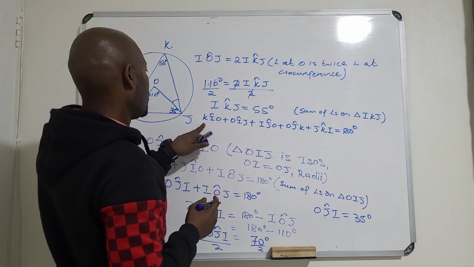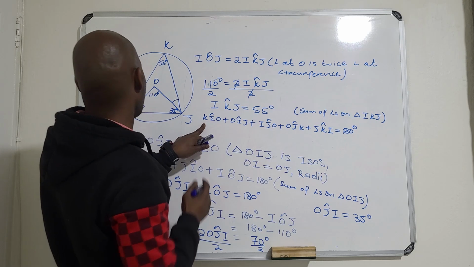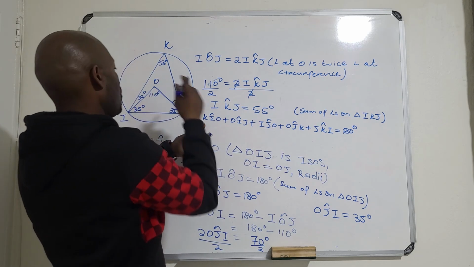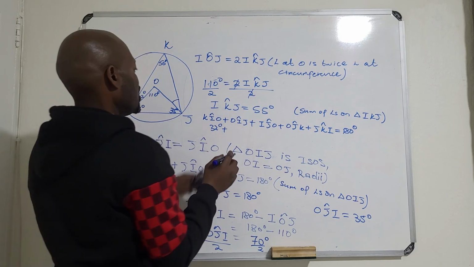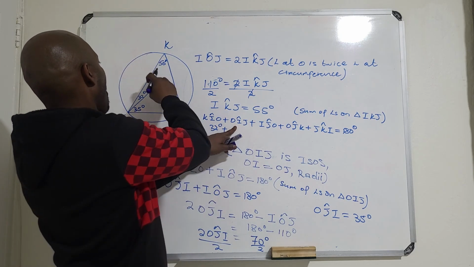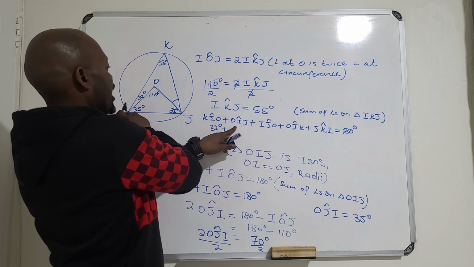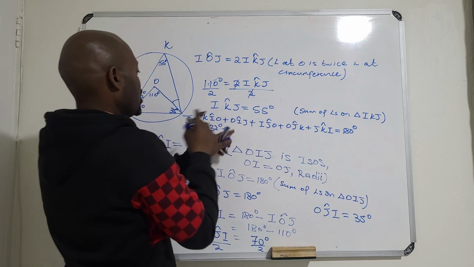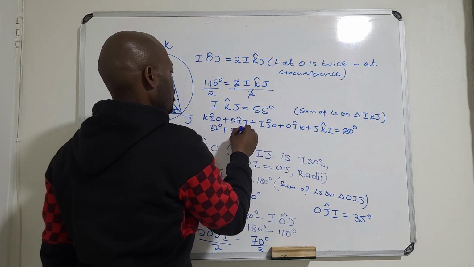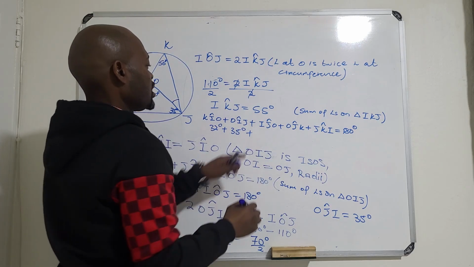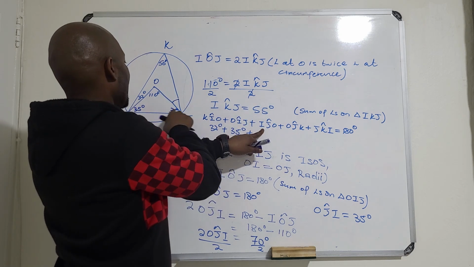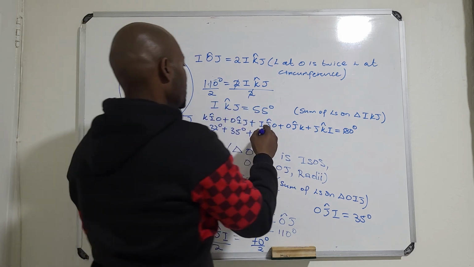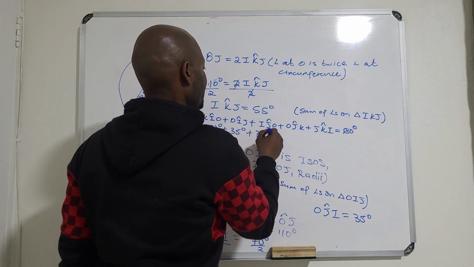Now, we do have angle KIO, which is 32 degrees, plus we do have angle OIJ, which is 35 degrees, plus we do have angle IJO, which is 35 degrees.